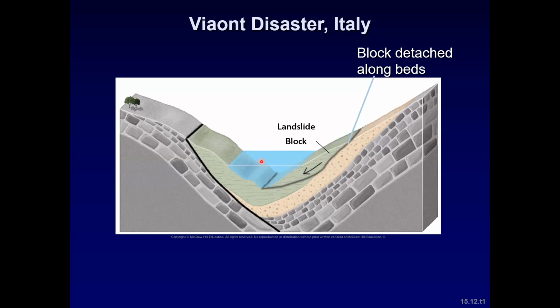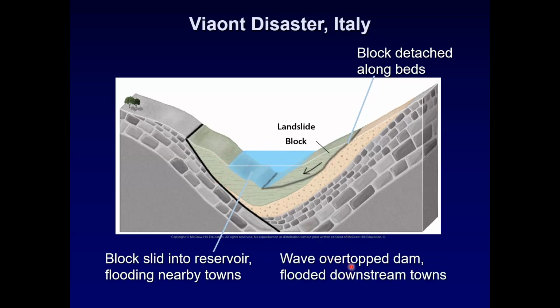The dam was not destroyed, but it was overtopped by a wave. And then, unfortunately, 2,000 people were killed downstream from that dam. So that huge block detached along the beds. It slid into the reservoir. It flooded nearby towns and then continued to flood downstream towns with overtopping of the dam.